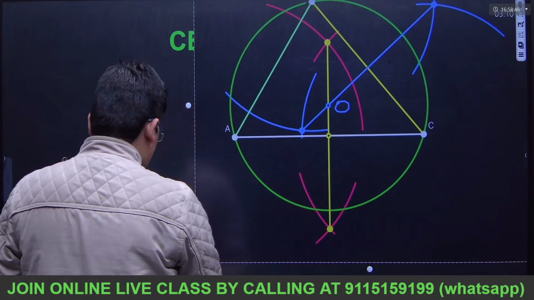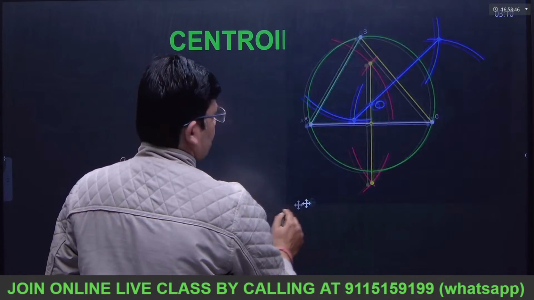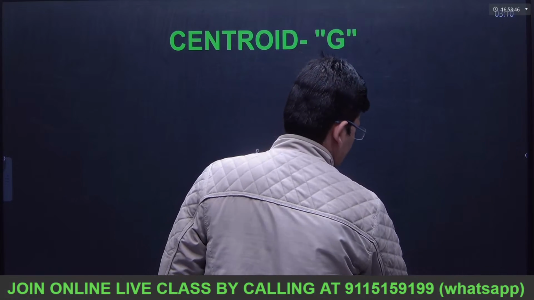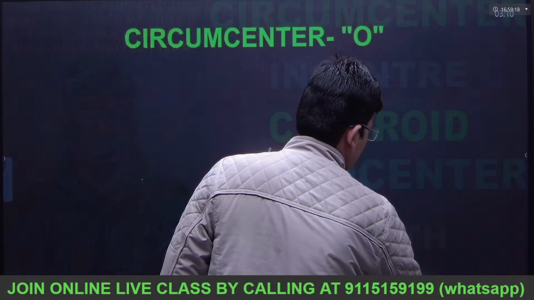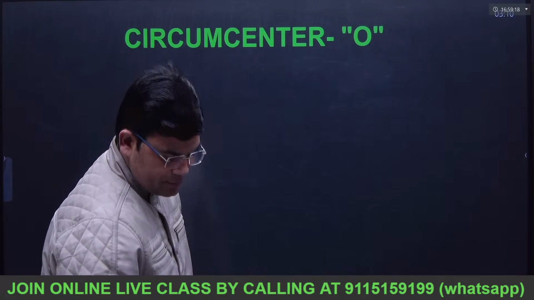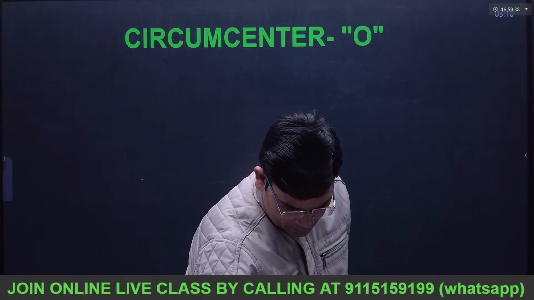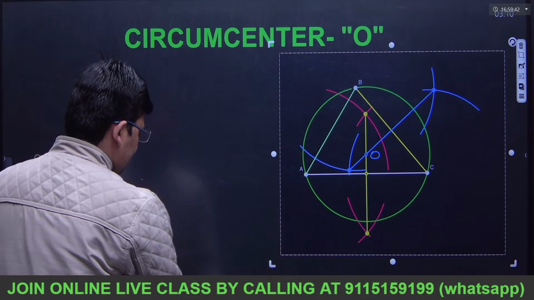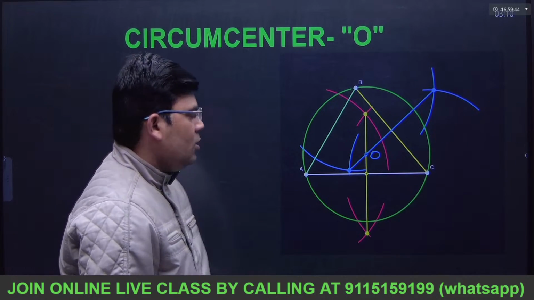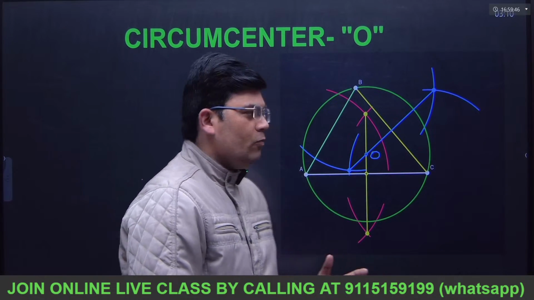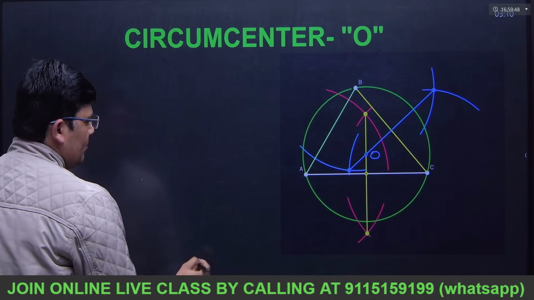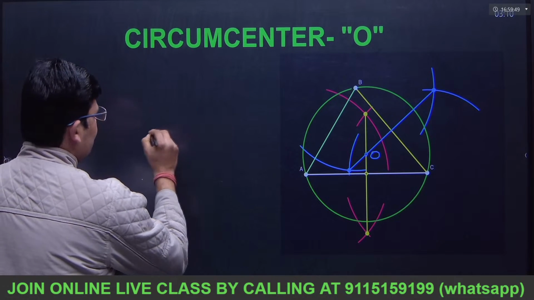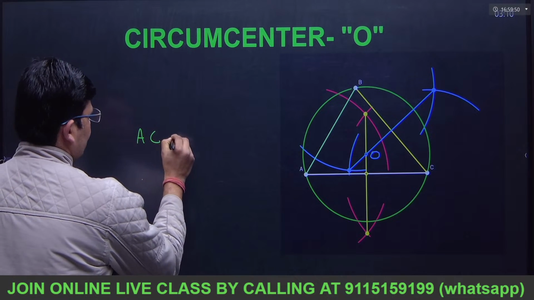This theorem is based on a logic. This is not centroid. This is circumcenter O. Okay, this point is a circumcenter. So what logic is applied here? The logic applied here is that AC is acting as a chord.